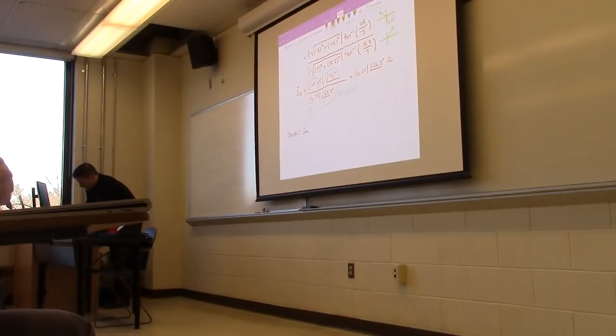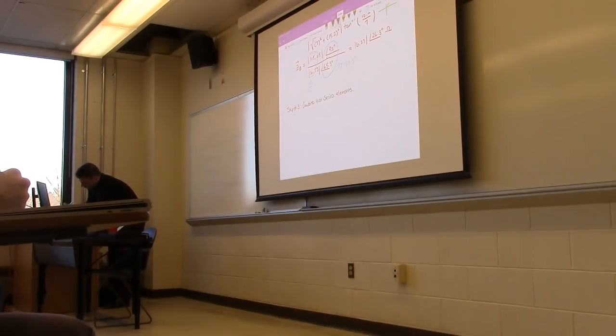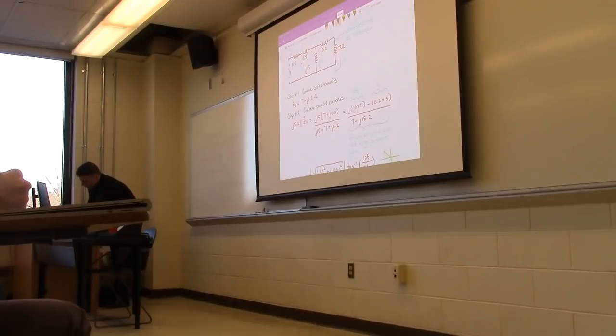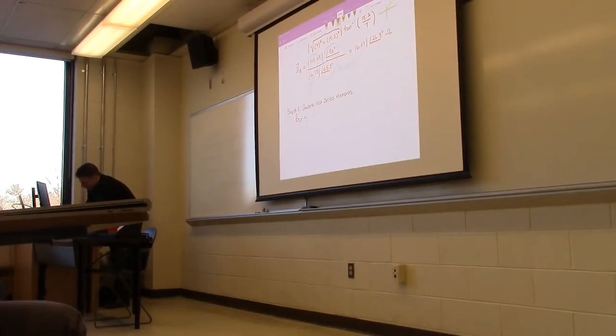Combine the last series elements. Okay, so the Z total, or the Z equivalent, will be, what's the top? It's 0.3 plus J 0.5.